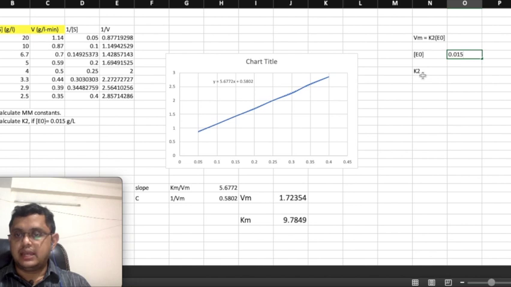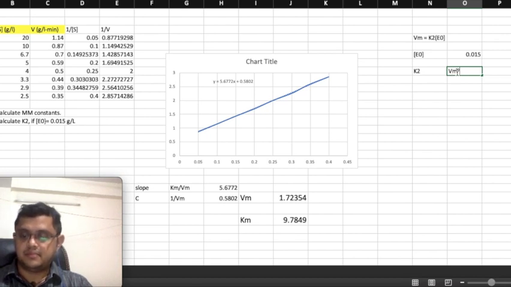So if I want to calculate K2, K2 is equal to Vm divided by E0.